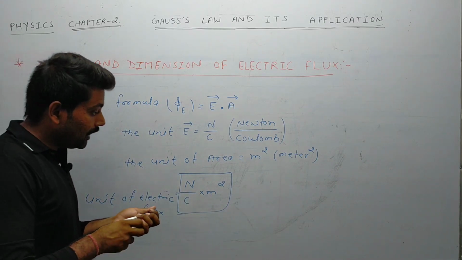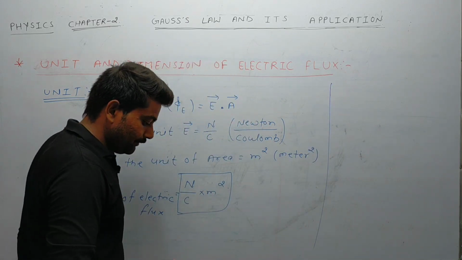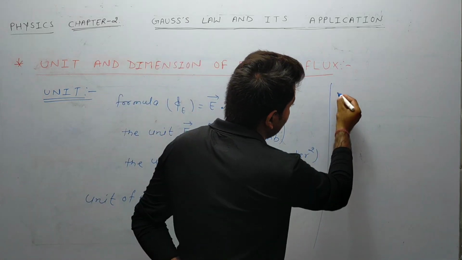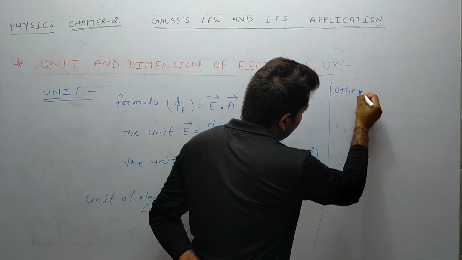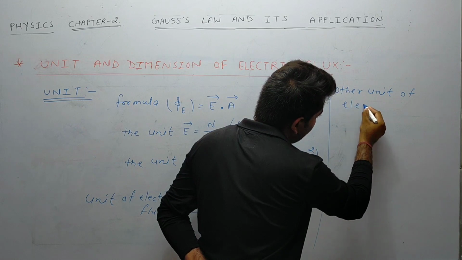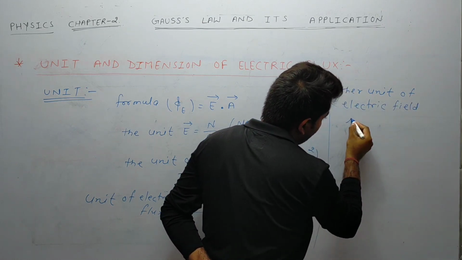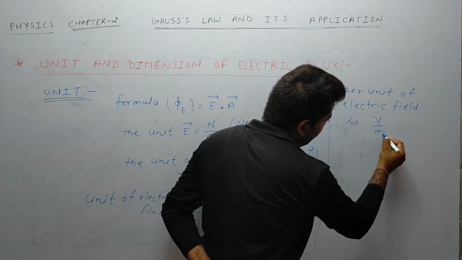Here we have another unit of electric flux because we have another unit of electric field, which is volt per meter.